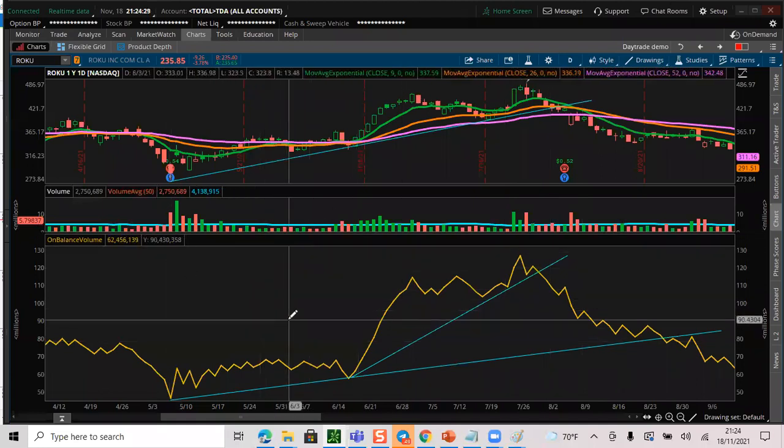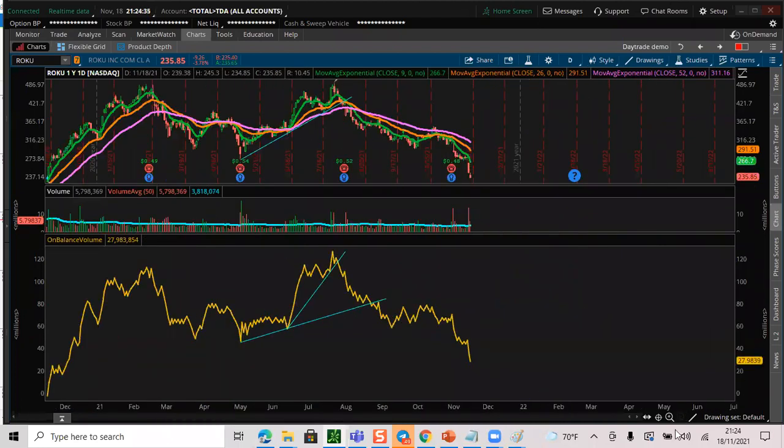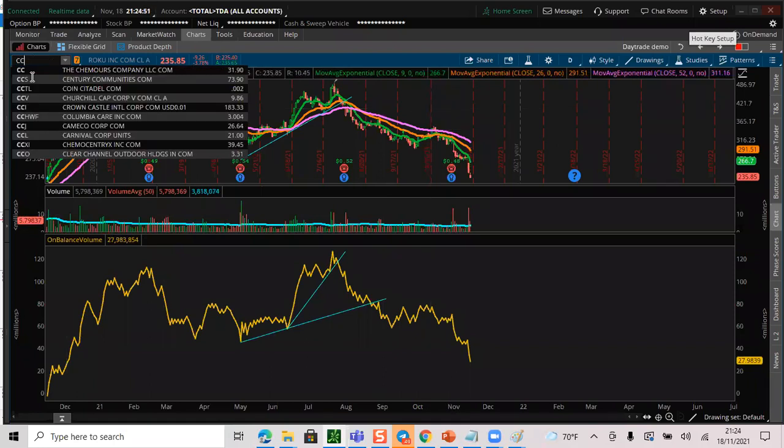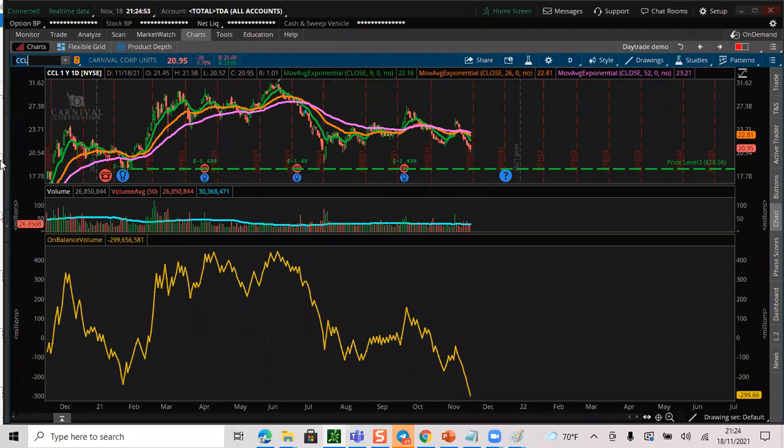Okay, so I have three more indicators for volume. So this is just one of them. Let's take a look at a stock which is very choppy. Okay, I'll take CCL.